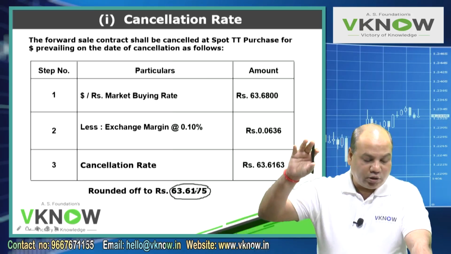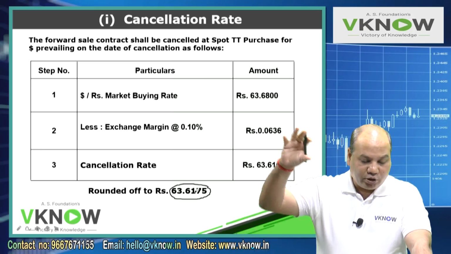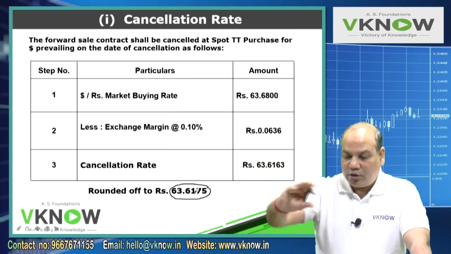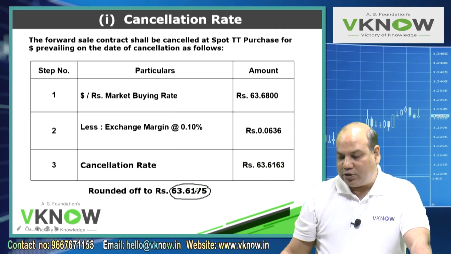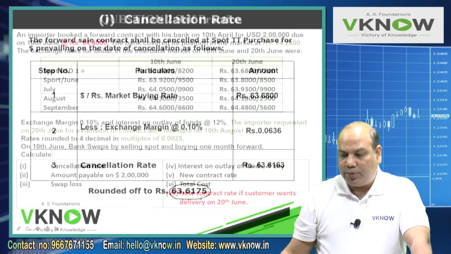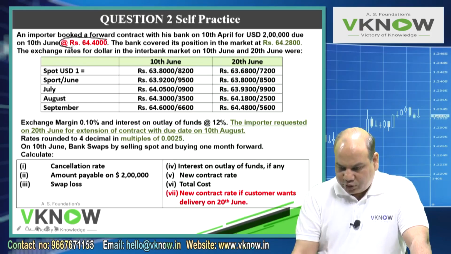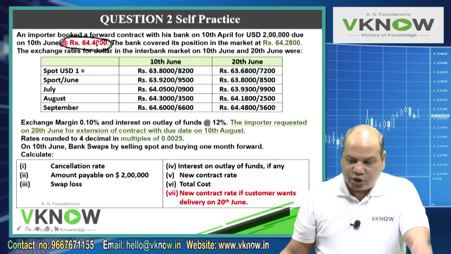If you look at the contract from importer's angle, he bought at 64.40 and now he is reversing at 63.6175. So there is a loss to the importer. So we'll go back to the question. Underline this rate now. This will be used for finding the cancellation loss.